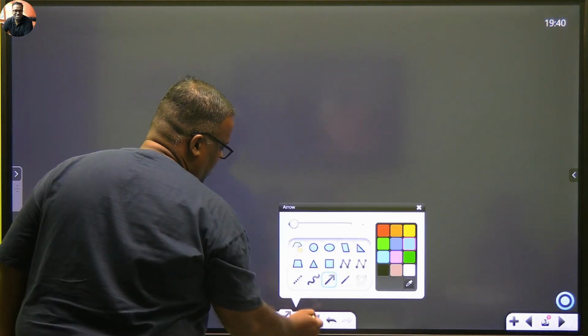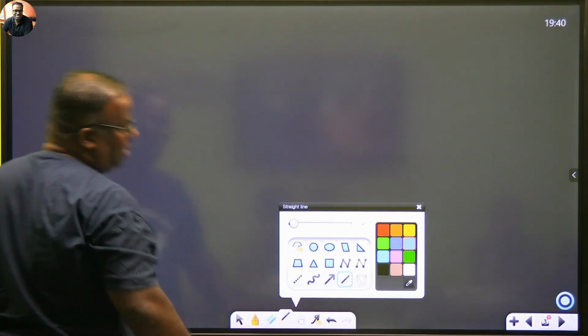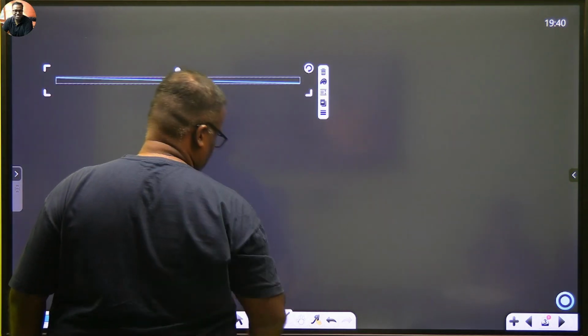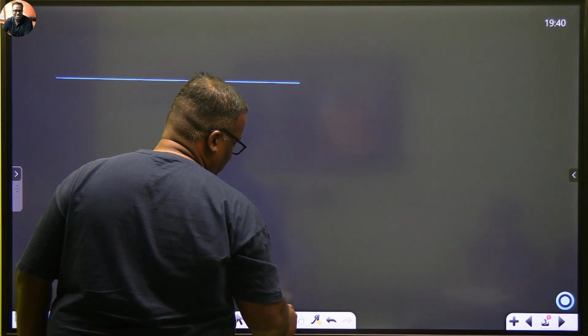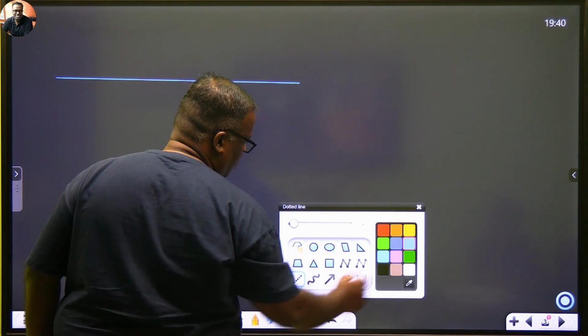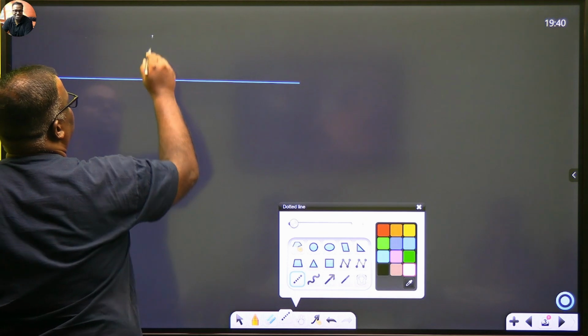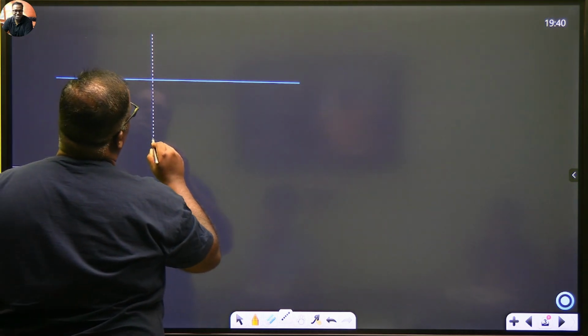So the first one would be the hand lens case. And now, what is in your book, they have done in 3 or 4 short figures. So this is my principal axis. And obviously I should have the axis of my lens. So this is the axis of my lens. Have you understood, children? Right?